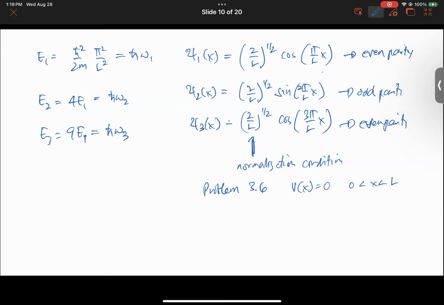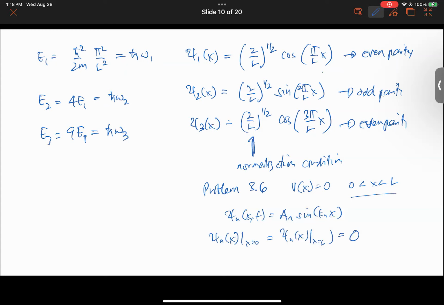Now, regardless kung shinif yung potential, you still end up with the same result. What you'll have is psi of n x t is equal to a sub n psi sub n of x. Then you apply yung boundary conditions, na kung saan yung psi of n at x equals 0 at yung psi of n at x equals L will be 0 because the particles do not exist dun sa boundary, and outside boundary.